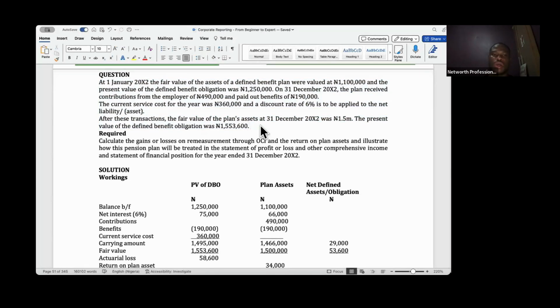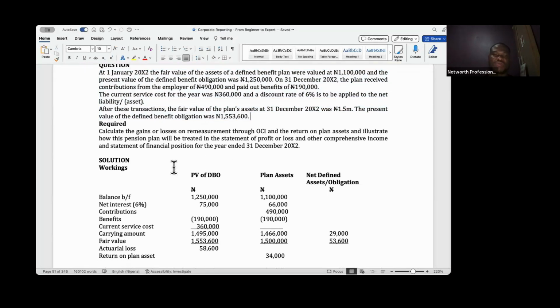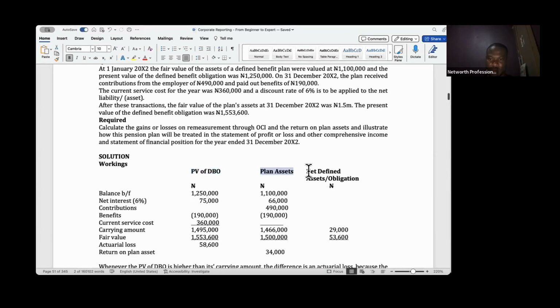So usually, before you prepare your statements, we'll start with our workings. And these workings would help us determine the PV of defined benefit obligation, the plan assets. And I told you earlier that the singular figure that actually goes to the statement of financial position is the net of these two. That's why I have on the third column a net defined benefit asset or obligation, which I'll show you in a jiffy.